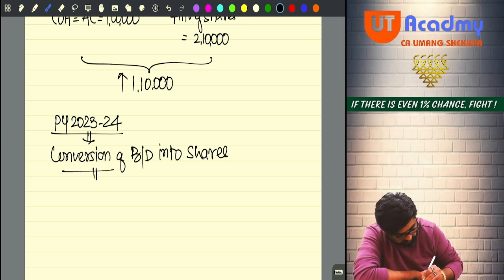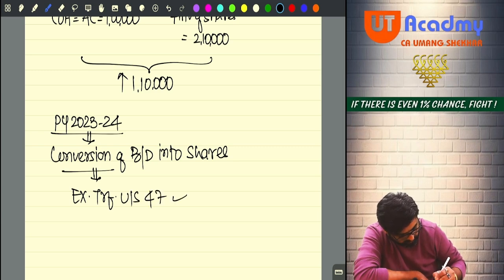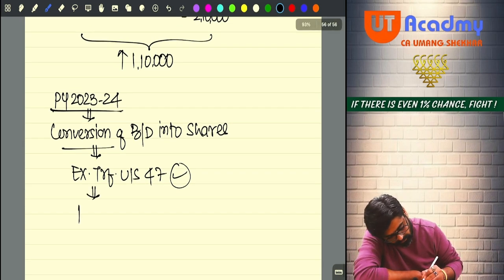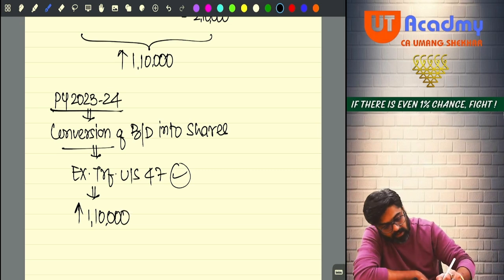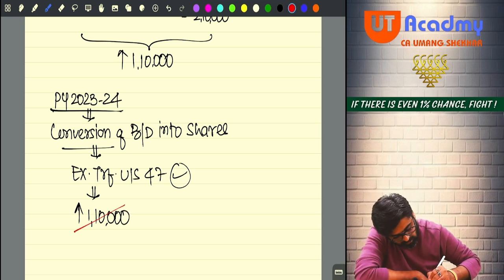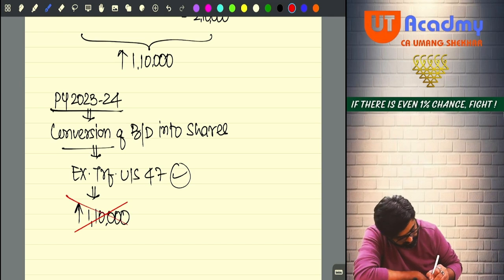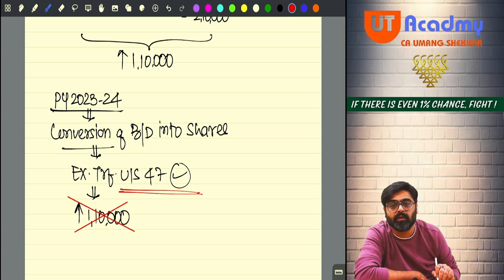This conversion will be treated as exempt transfer under section 47. So in 23-24, the appreciation gain of rupees 1,10,000 will be taxable or will not be taxable? Will not be taxable. This 1,10,000 will not be taxable since the transfer is exempt under section 47.